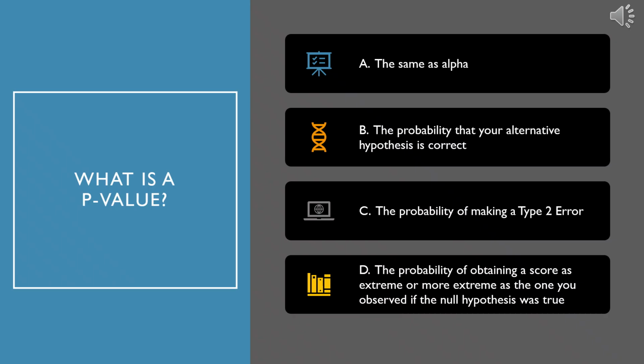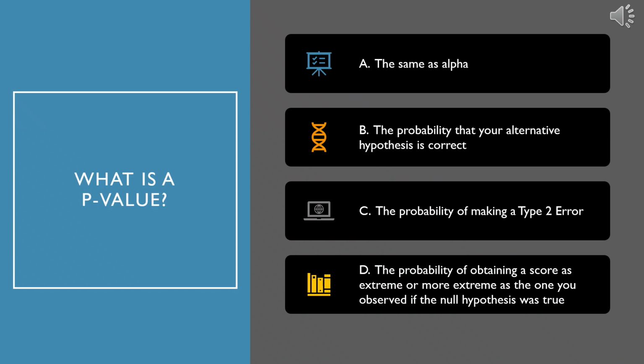Okay, the next question is, what is a p-value? The p-value is the probability of obtaining a score as extreme or more extreme as the one you observed if the null hypothesis was true.